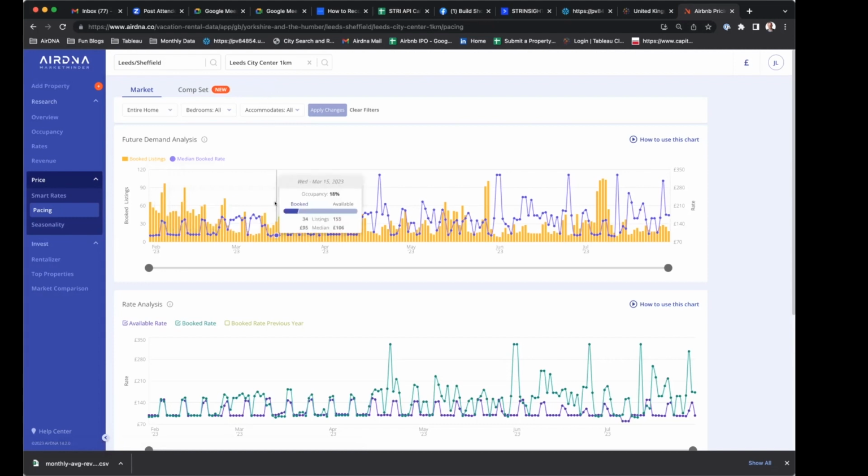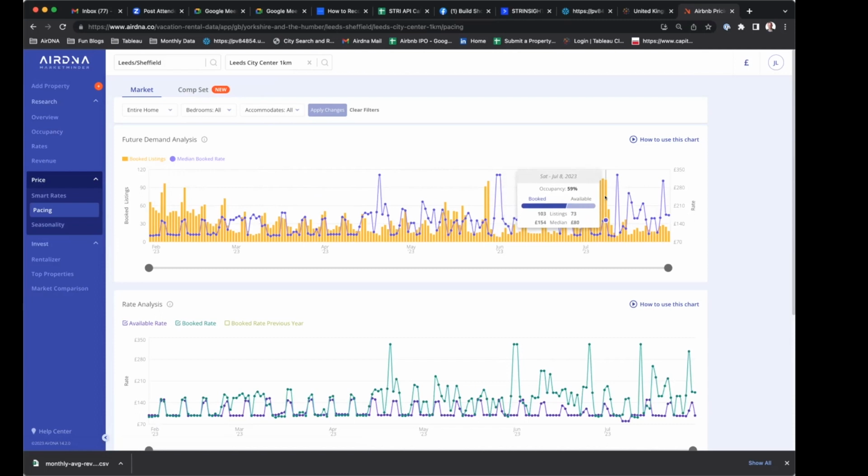So now I'm looking at Leeds City Centre, and I can get a sense of what the forward demand over the next few months through August looks like. I can see here that I have more nights booked for July 4th through 8th in Leeds than at any other point in time.